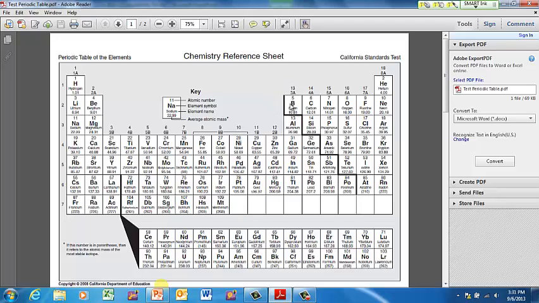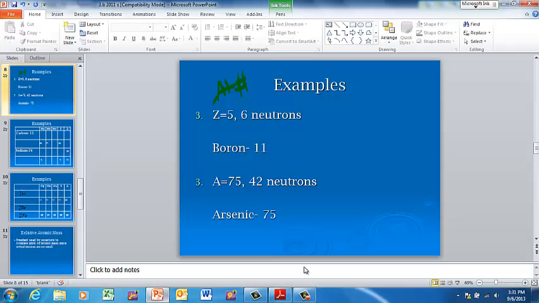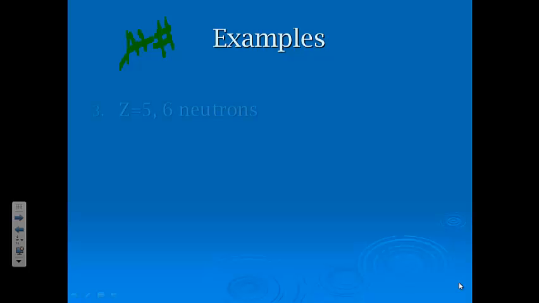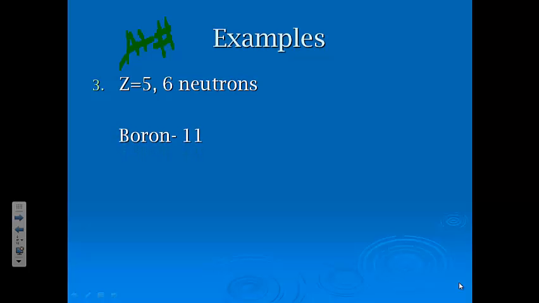So as soon as they tell me the atomic number, it's the number of protons. In this case, it's going to be boron, and boron 11. And so when I write the nuclear notation, it's going to be a capital B, mass number up top, atomic number down below.